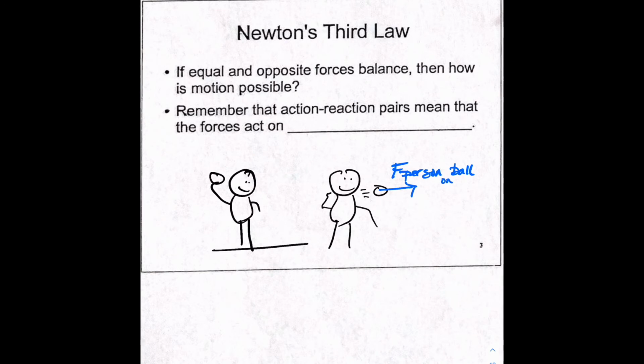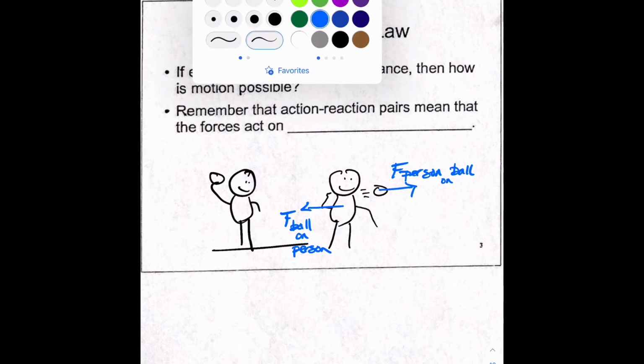There's also a force from the ball on the person. And this is the Newton's third law pair. So the reason motion is possible is that these equal and opposite forces must occur on different objects.